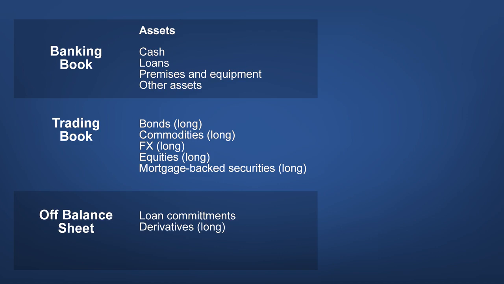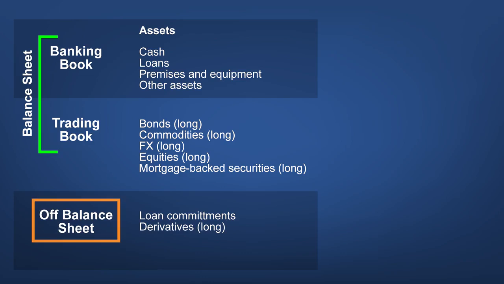Here is the balance sheet. We have discussed the bank book and the trading book previously. And now here is the off-balance sheet. The most important items on the asset side are undrawn loan commitments and long derivatives positions. Credit cards can be charged in the future, and this will create loans in the banking book.